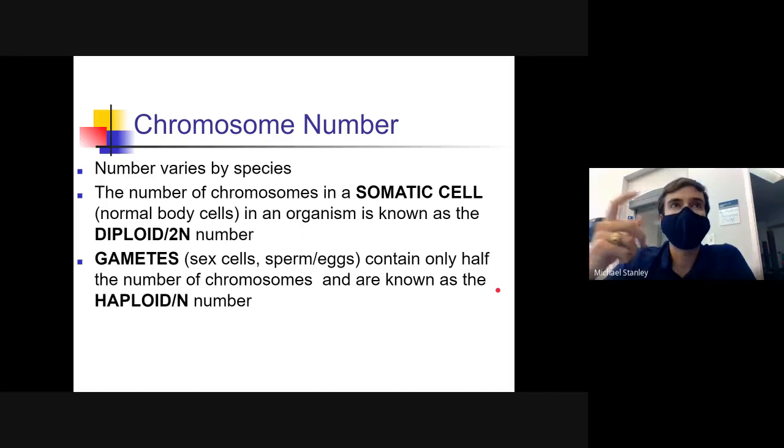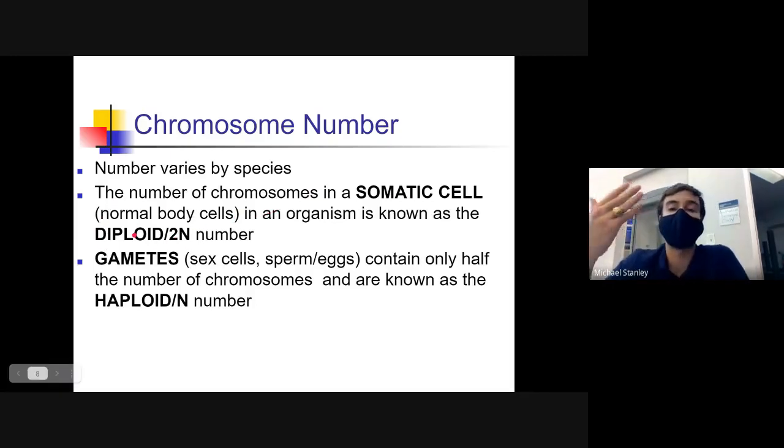There are 2 different sets of cells that we have in our body: somatic cells and gametes. Somatic cells are like your normal body cells, like your skin, muscle, brain cells. And these guys are diploid, meaning that they have that normal set of 2 copies of every single chromosome.